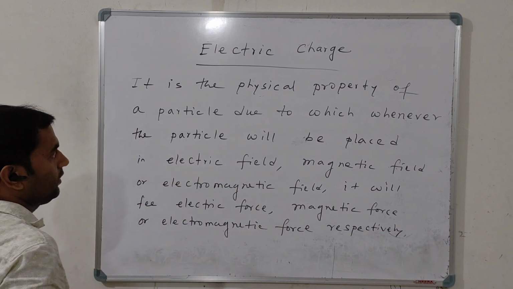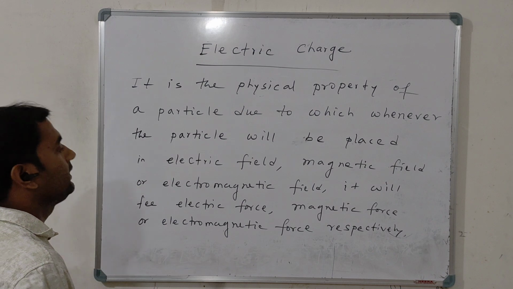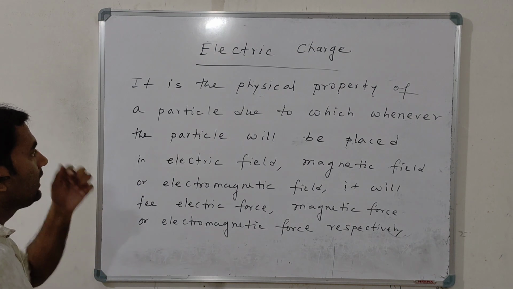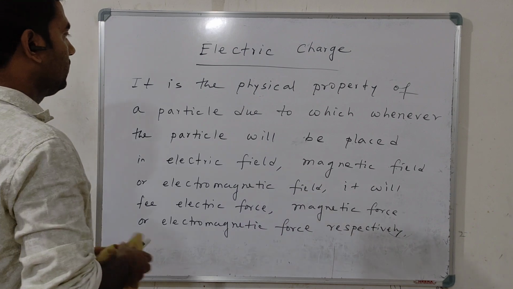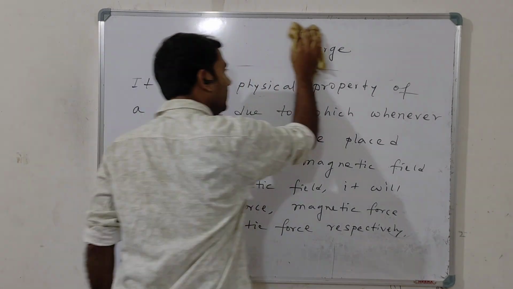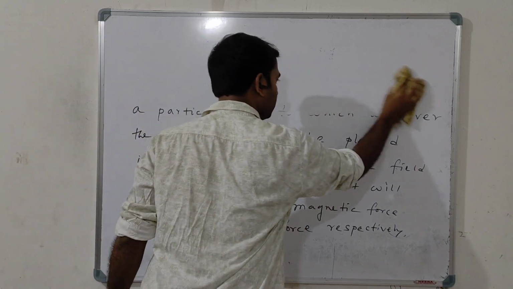In future we will have more knowledge that these forces are actually the Lorentz forces. Okay. So we can conclude that electrons and protons are electric charges, but neutron is not.